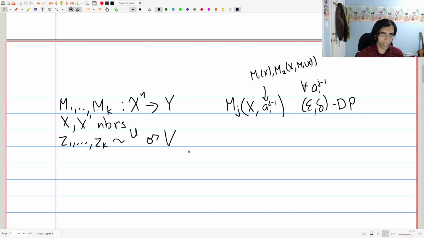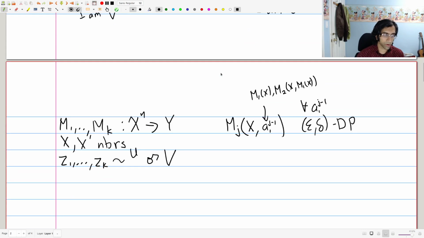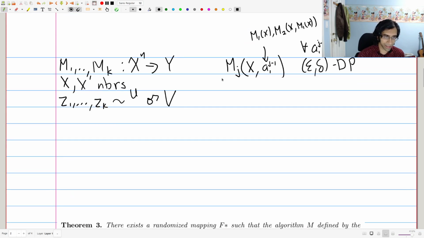And for each j from 1 to k, we're going to apply Theorem 2. Let's try to do this one by one. So what we'll do is first have some function f1.